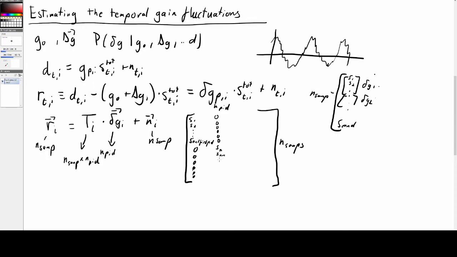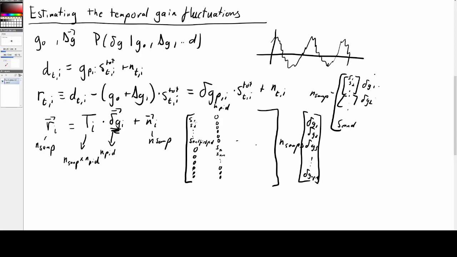So n plus 1 and so on. And then the rest is 0. And we keep doing that and multiplying that by this vector, which is delta g1, delta g2, delta g3, and so on, delta g n_PID.